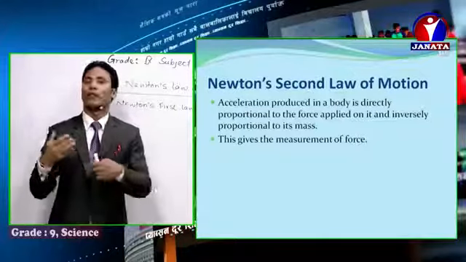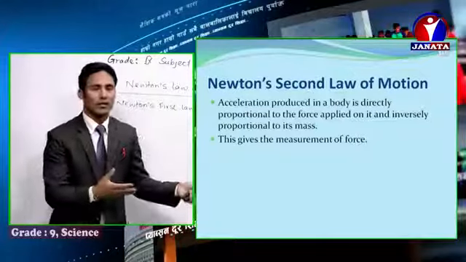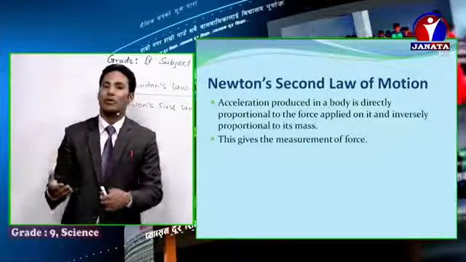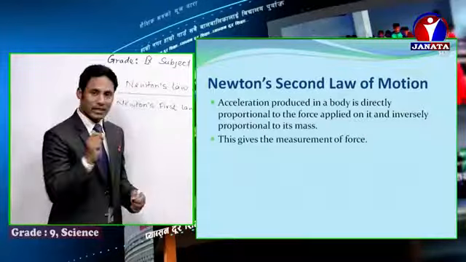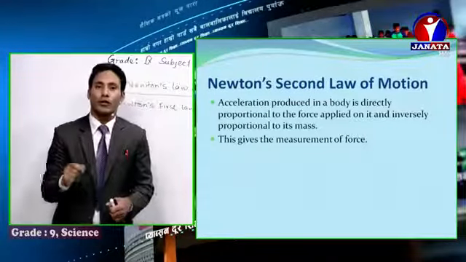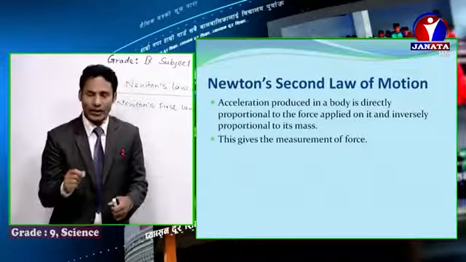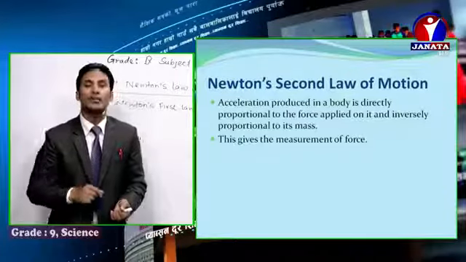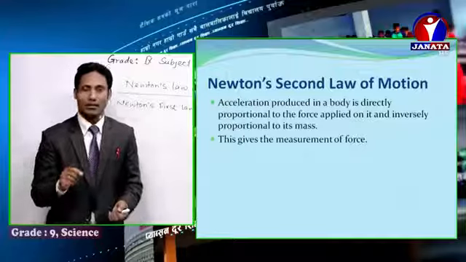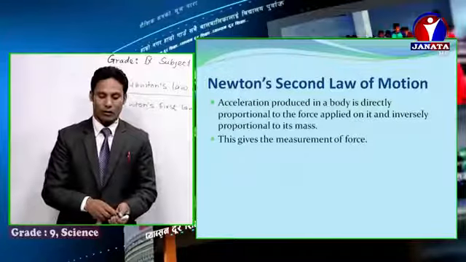Similarly, if you apply more force, more acceleration is produced; if you apply less force, less acceleration is produced. That's why the acceleration produced on a body is directly proportional to the force applied and inversely proportional to the mass, which is Newton's second law of motion.